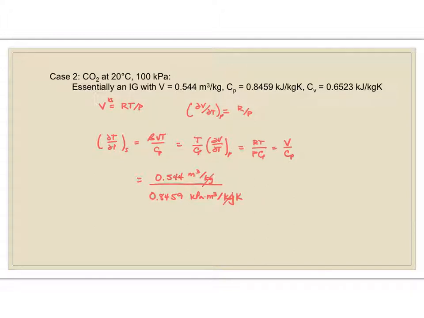So with the cancellation, I'm going to be left with an answer of, let's see, 0.643 kelvins per kilopascal. Now, that's a much, much larger number than what we had a moment ago. I mean, orders of magnitude larger.